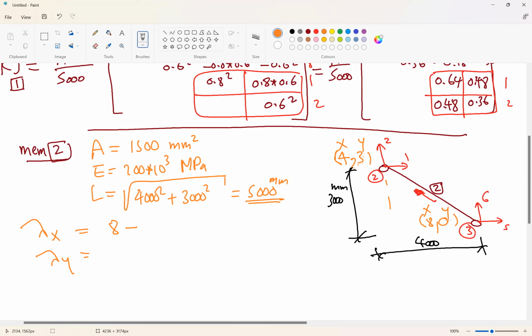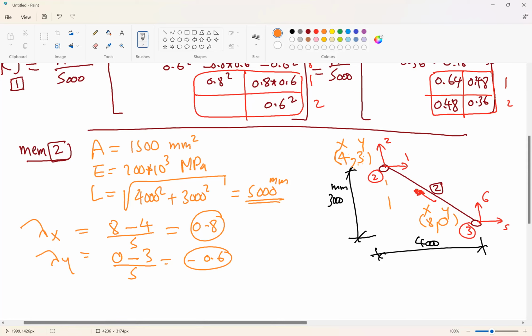So now we have 8 minus 4 over 5, which is 0.8. Here will be 0 minus 3 over 5, which is negative 0.6.